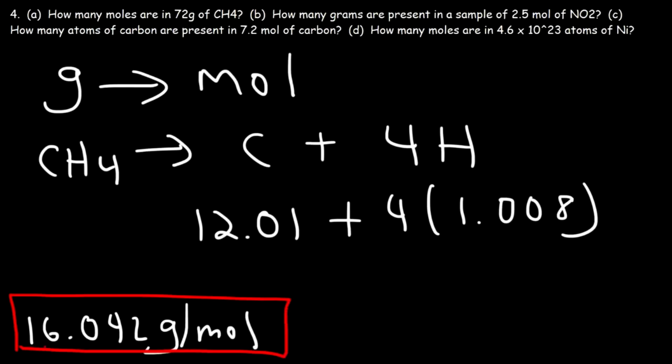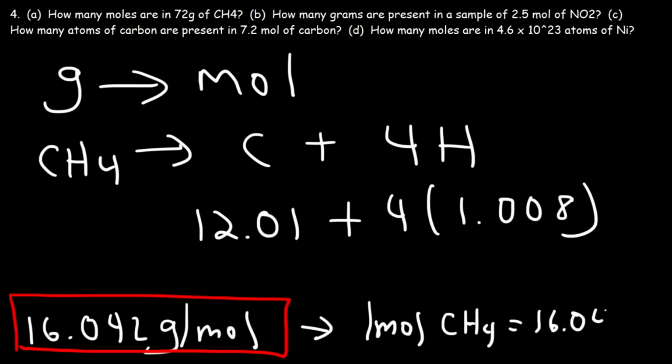Now what we need to do is take this information and convert it into a conversion factor. What this means is that 1 mole of methane has a mass of 16.042 grams. So this is our conversion factor.